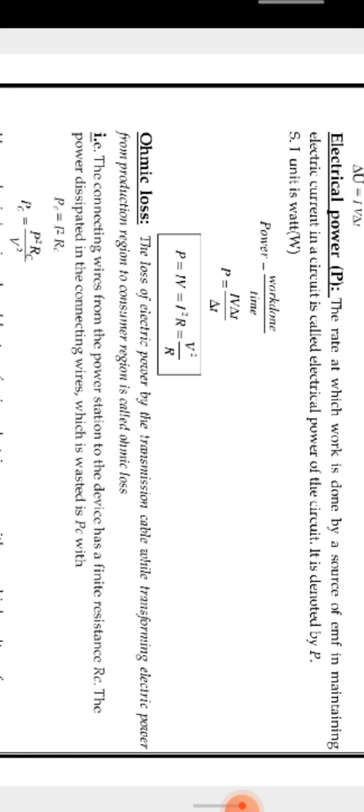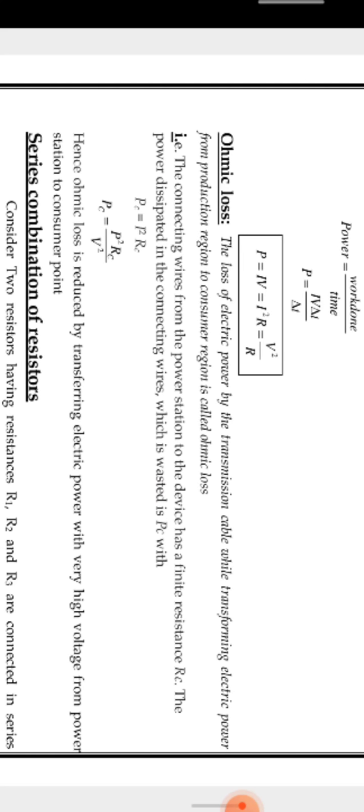Next, ohmic loss. What is ohmic loss? It is the loss of electrical power in the transmission cable while transmitting electrical power from the production region to the consumer region. If electrical power loss exists due to transmission of power from one point to another by the cable, it is called ohmic loss.